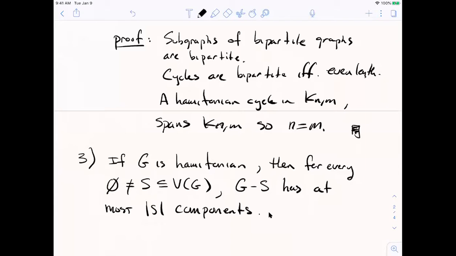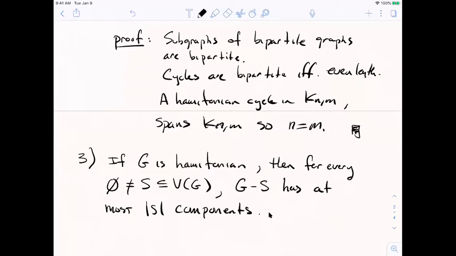All right, so the condition is if you have a Hamiltonian cycle, then anytime I pick a subset of the vertex set except the empty set, and I pull those vertices out, the resulting graph has at most the number of vertices that I pulled out components. Okay, so that's the condition on that thing.